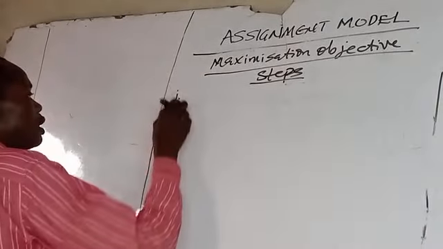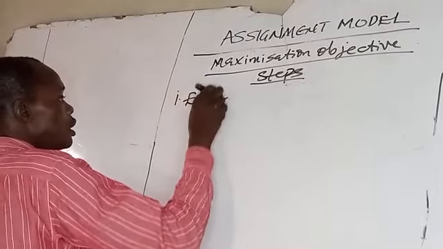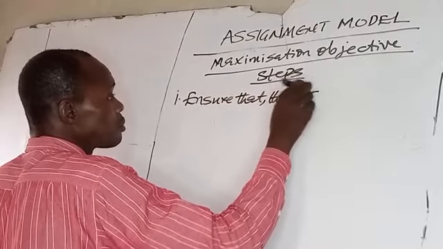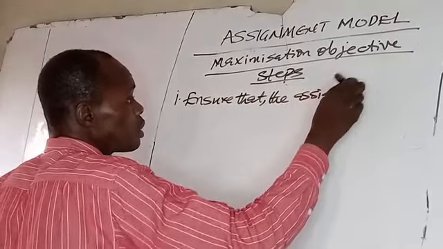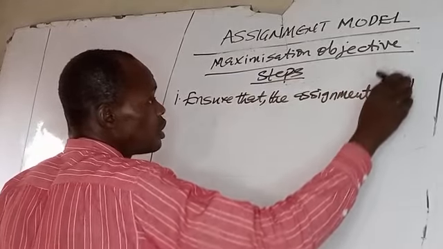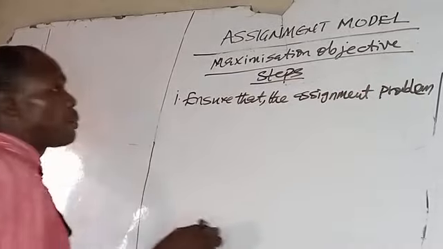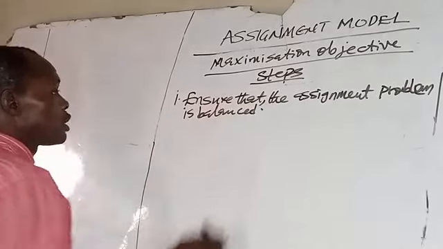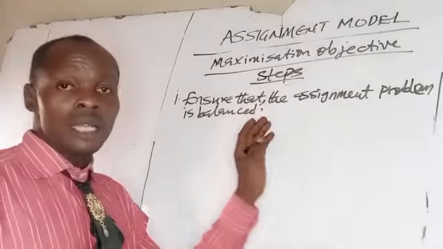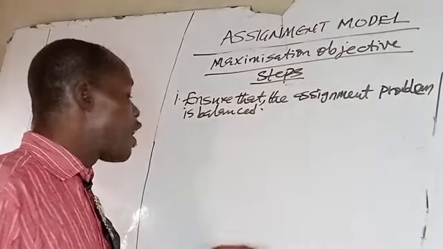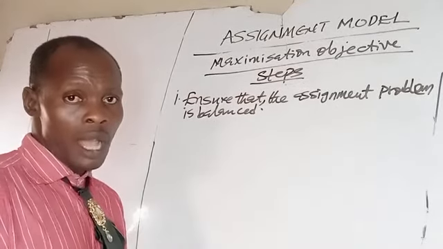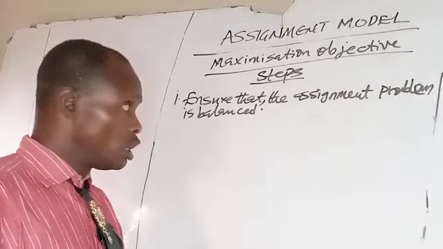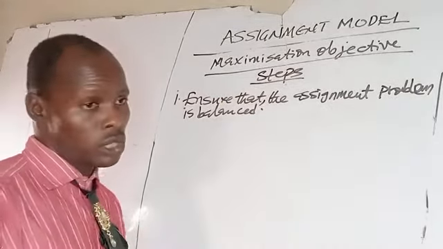Step 1. Ensure that the assignment problem is balanced. I've told you that a balanced assignment problem is one that forms a square matrix, a type of matrix in which the number of rows equals the number of columns.